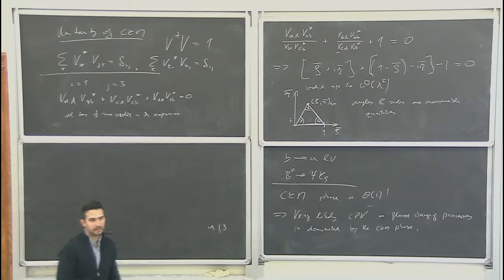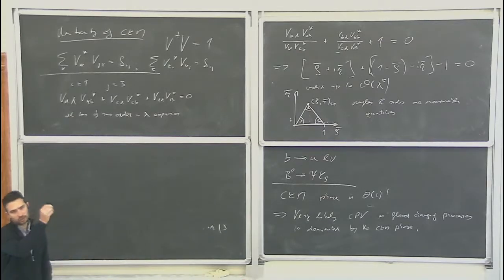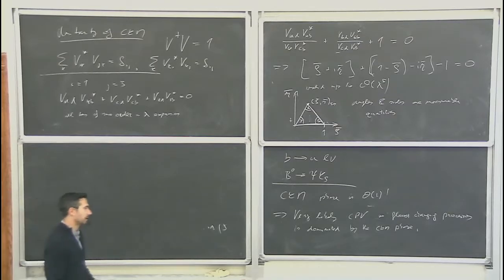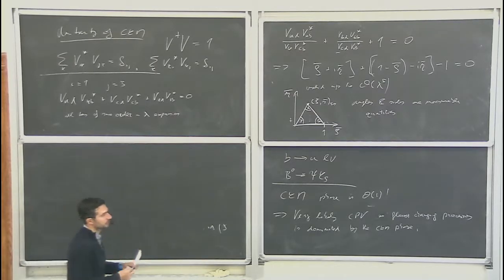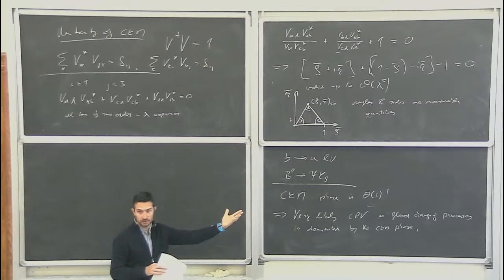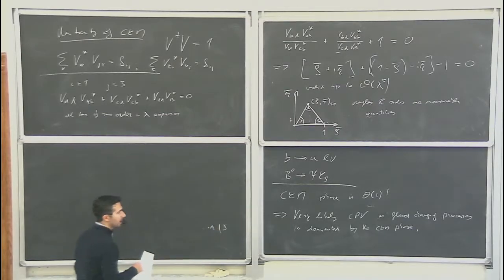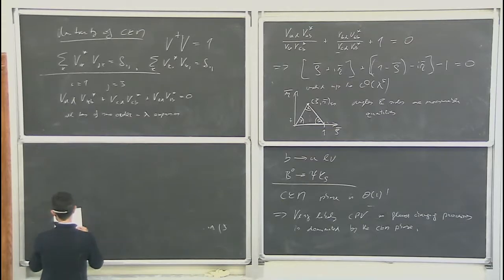Okay? Remember yesterday we wrote it down as the imaginary part of the determinant of the commutator of the squares of the Yukawas. Okay? But we can also do it in terms of physical quantities, so in terms of CKM elements and quark masses.